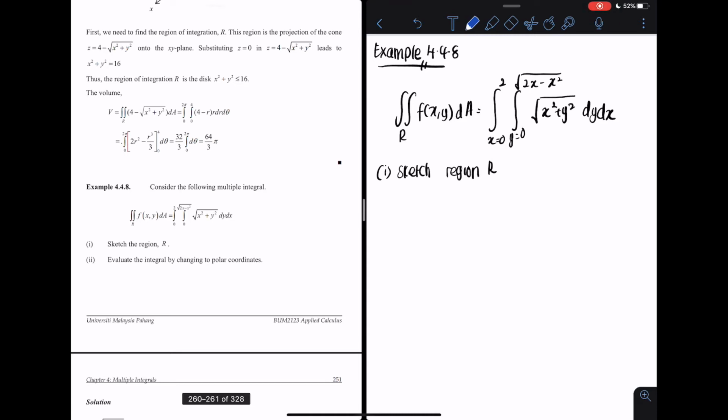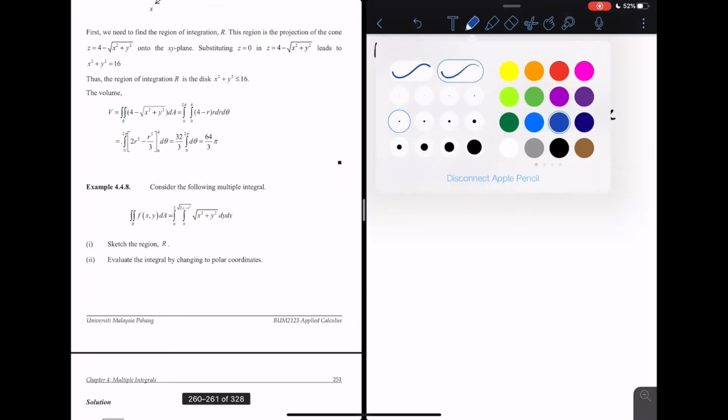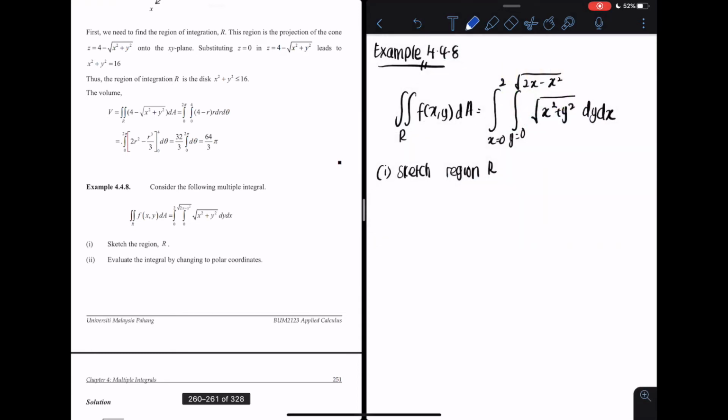In this first question, the author asks you to sketch the region R. Remember, your region R always lies in a two-dimensional coordinate system that involves the y versus x axis. According to the question, the double integral is written in terms of type 1, which is dy dx.